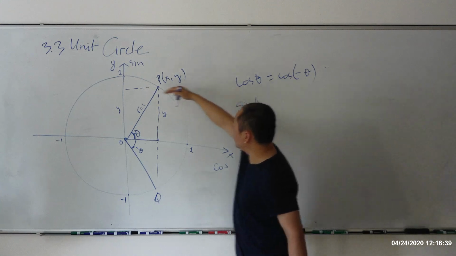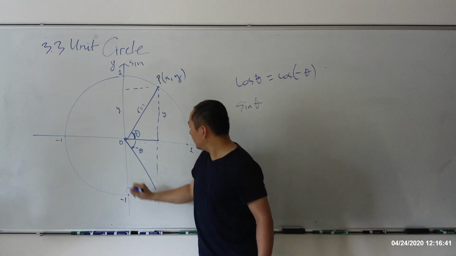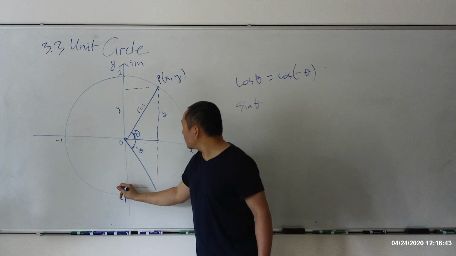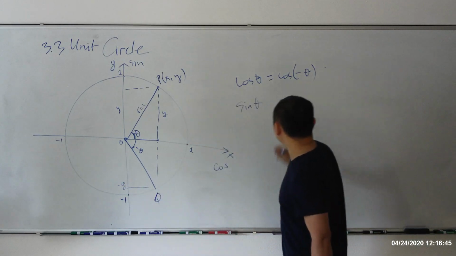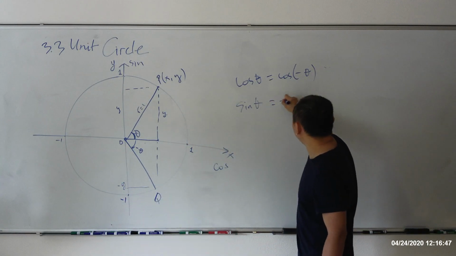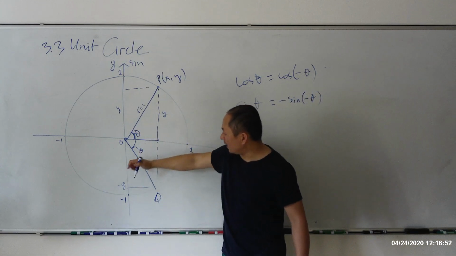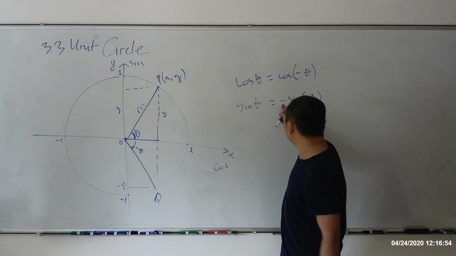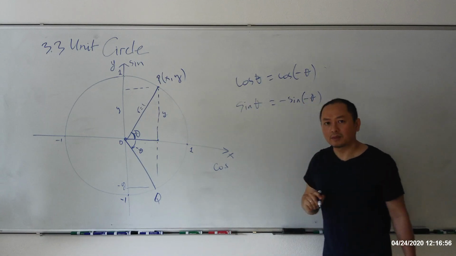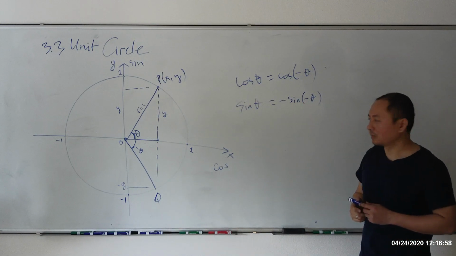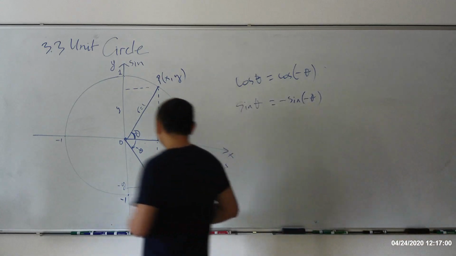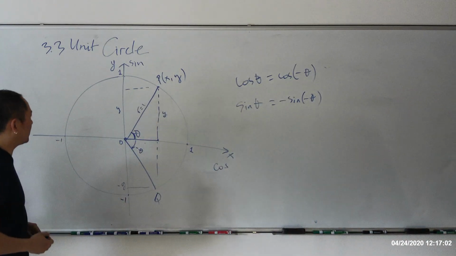Sine of theta is up here. Sine of negative theta is going to be negative y. So sine of theta is equal to negative sine of negative theta, because sine of negative theta is a negative number, and I put another negative in front to make it positive. So you can have some trig identities involving sine and cosine.